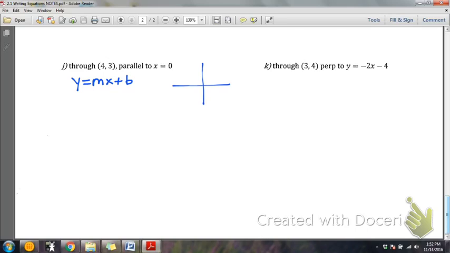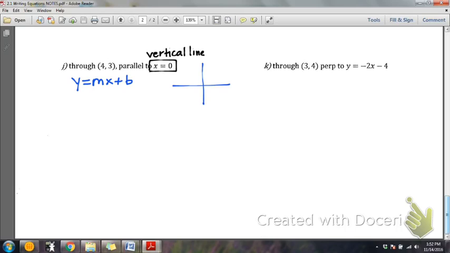A dot in the middle. Yeah. In the middle. X equals 0, anytime there's no m or there's no b, x equals 0 is always a vertical line. So this is a vertical line. You guys need to make yourself a note of this because this is going to happen in your homework today. If it's x equals something, it's always a vertical line.